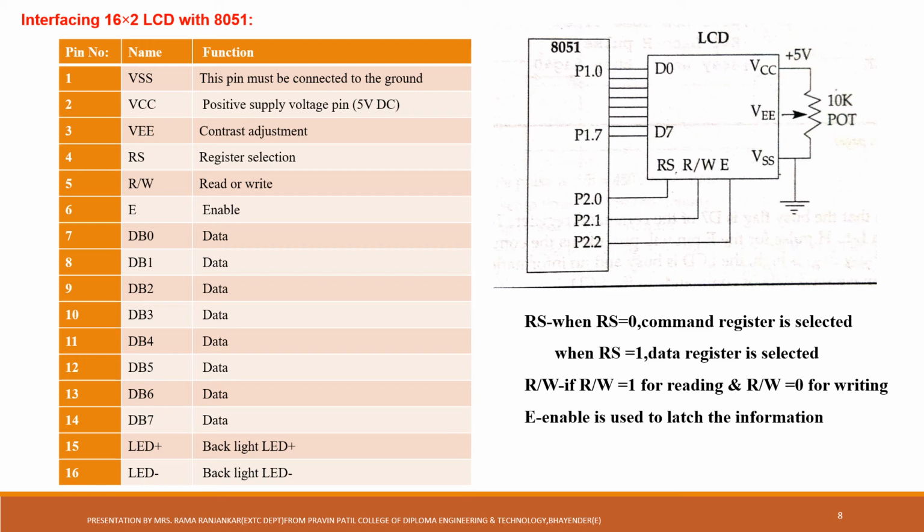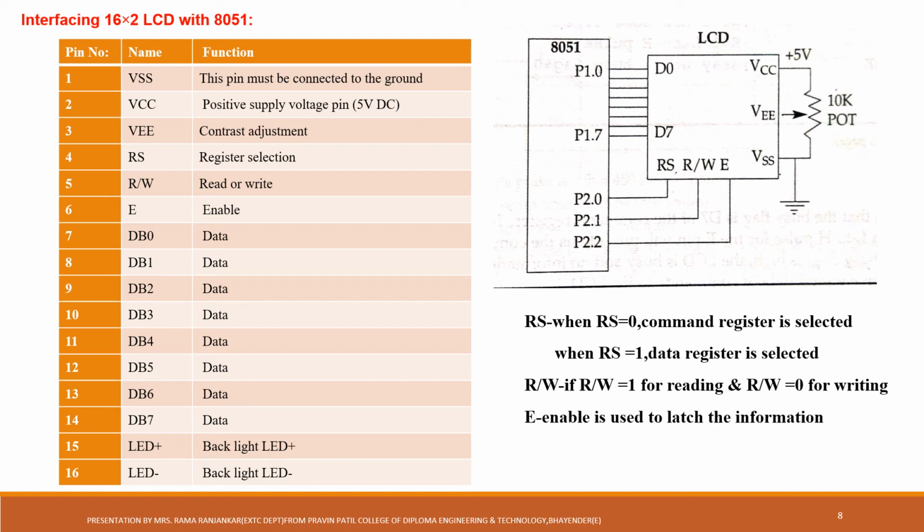Now the second pin is the read write pin. When the read write pin equals 1, it is used for reading, and if it is 0, it is for writing. E is for enable, for the LCD to latch the information.